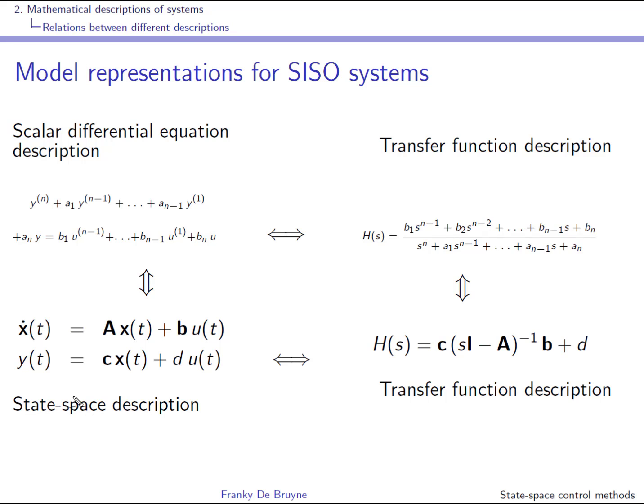And if you take the Laplace transform of this one, you can see that you can compute the transfer function from the matrices A, B, C, and D, and this will yield something that is of course equivalent to what is given by this transfer function over here.